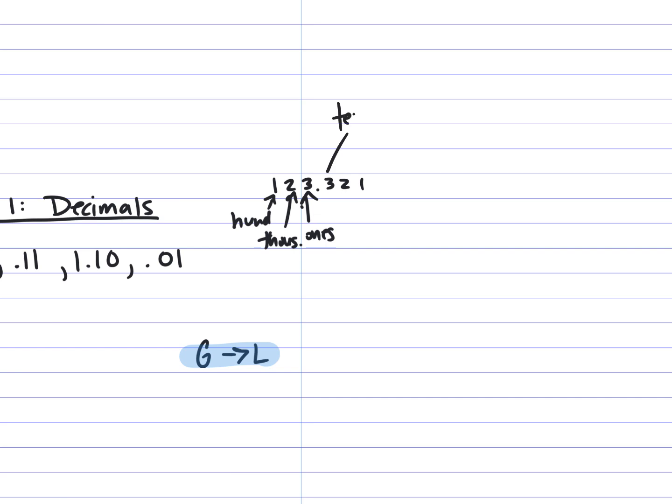So this would be tenths, this would be hundredths, and this would be thousandths. There is not a ones place value on the decimal side. So it just goes straight to tens, but then it counts up from there: tens, hundreds, thousands, 10,000s, 100,000s, millions, 10 millions, 100 millions, billions, and so on.